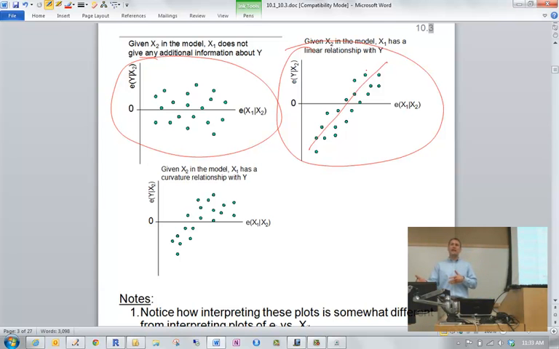So what this plot is saying is, yes, x1 should be in your model even if x2 is already there, and should be in a linear form. If instead we had a plot that looked like this, maybe kind of a quadratic trend, that says there's actually a quadratic association between x1 and y, given that we've accounted for the effects of x2.